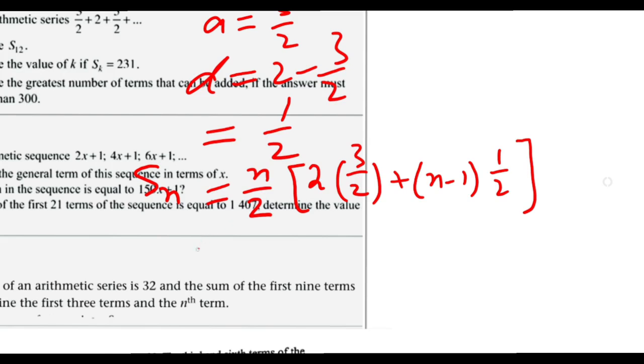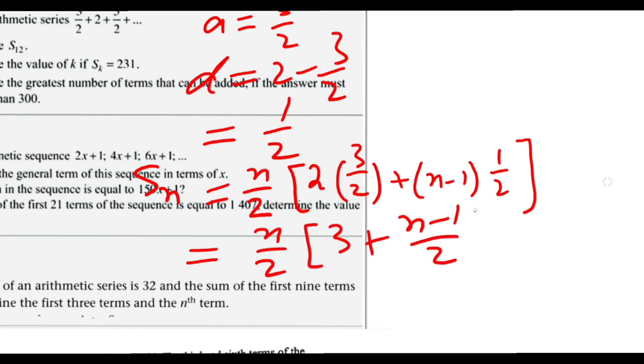Now I'm going to solve here. So this is going to be n over 2, and this becomes 2 and 2 cancel, 3 plus (n minus 1)/2.